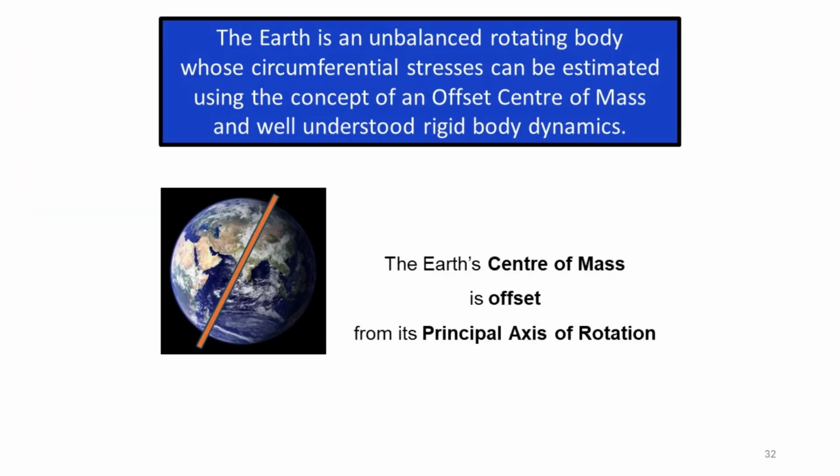Once having seen this, it was now possible to model the Earth as an unbalanced rotating body about its offset centre of mass, using standard rigid body dynamics as noted in any textbook. Using this approach, it's been possible to quantify the forces associated with tectonic movements, which has hitherto not been possible.